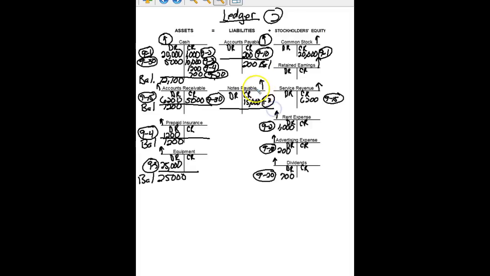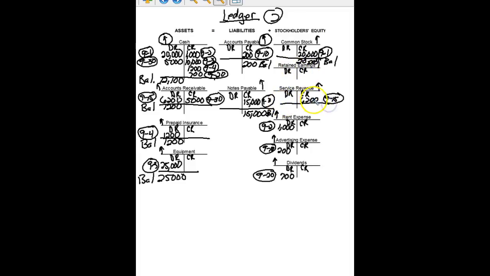Likewise for notes payable. The credit is a positive number, so I'll just bring it down. That's also going to be its balance of $15,000. Try to squeeze this in. Common stock, $20,000 credit balance. There's nothing in retained earnings, no debits or credits.